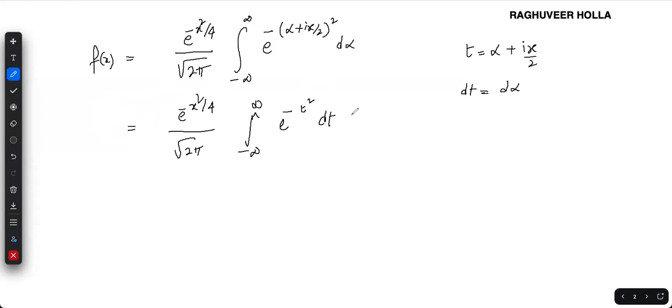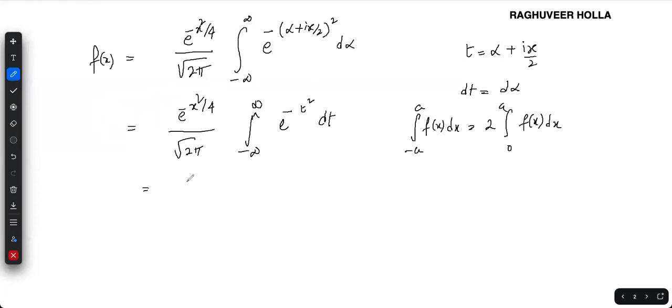Now we'll be using the property that the integral of f of x dx from minus a to a is 2 times the integral from 0 to a, where a is infinity here.